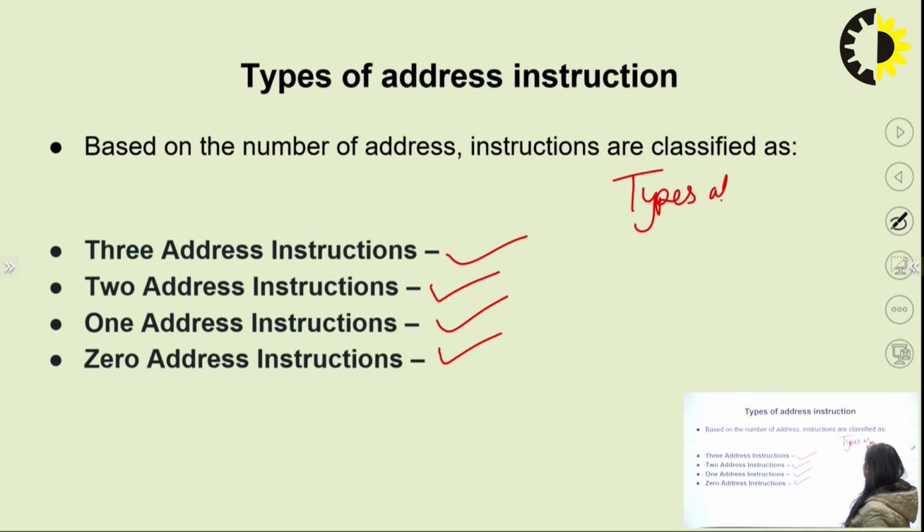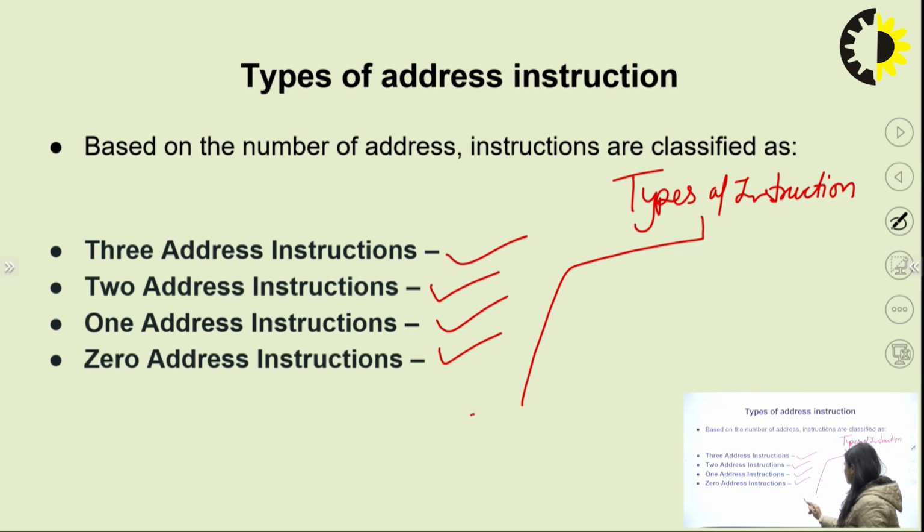Types of instruction. First one is 3 address instruction.